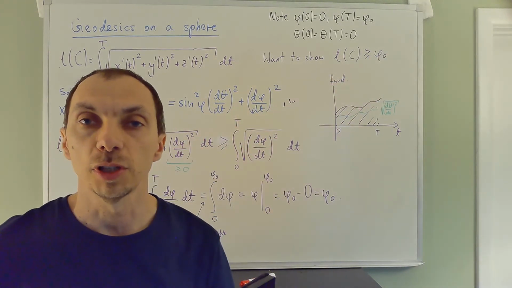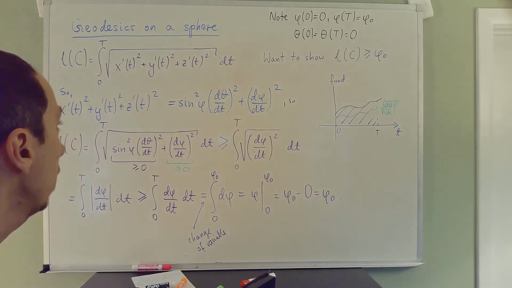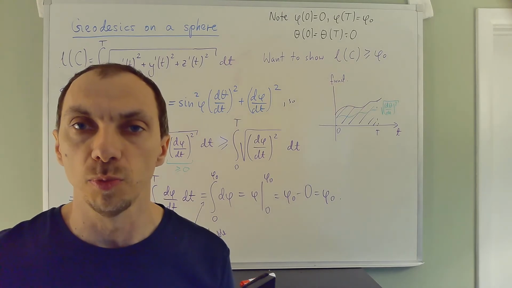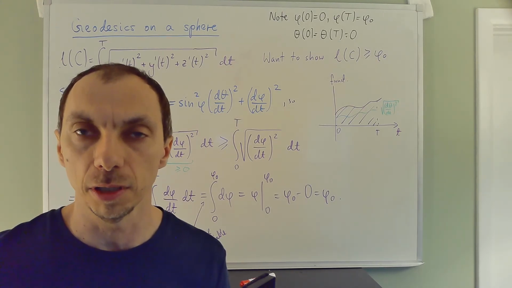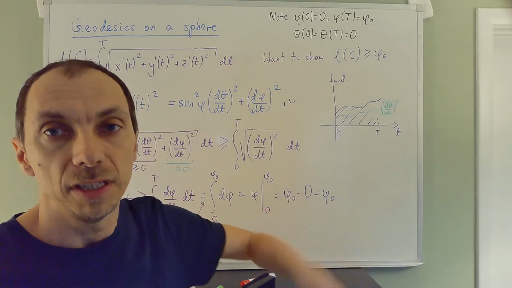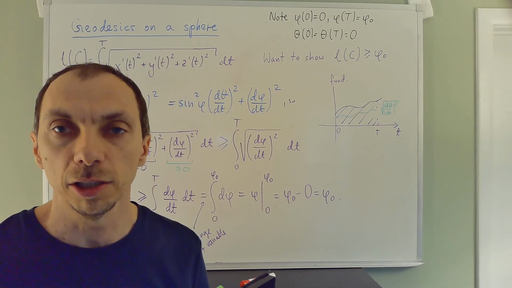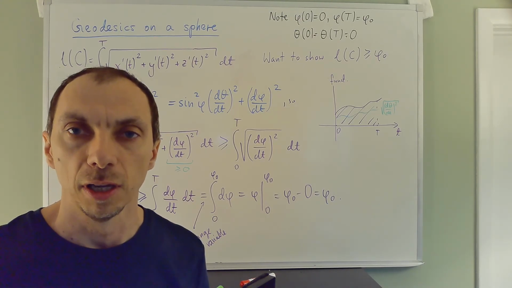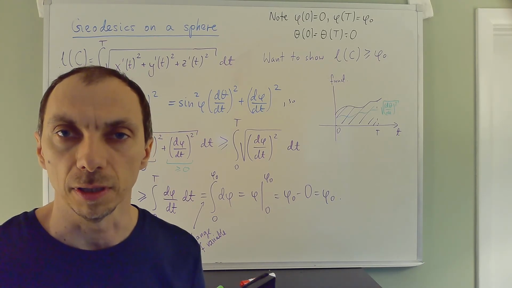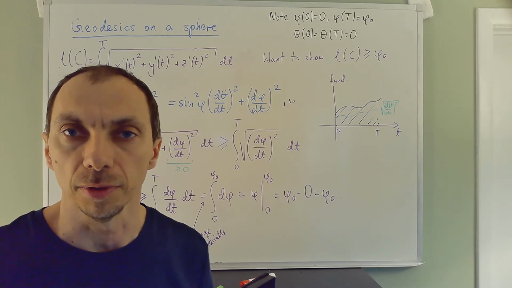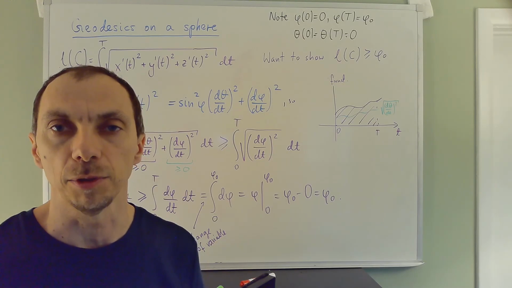So in other words, what that shows is that the length of that curve C, and the curve C was completely arbitrary smooth curve on the sphere joining P and Q, the length of that curve is at least phi 0. It's greater than or equal than phi 0. And phi 0 was the length of the arc of the great circle joining P and Q. So that arc of the great circle is the shortest possible curve you can get between these 2 points.